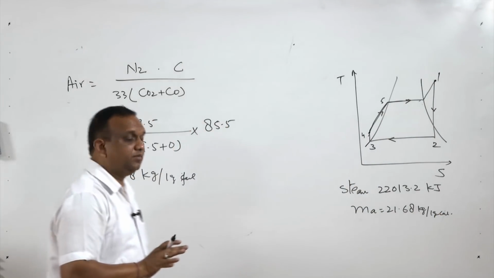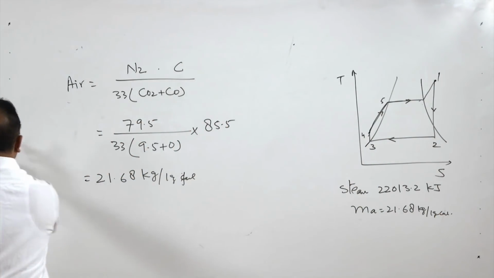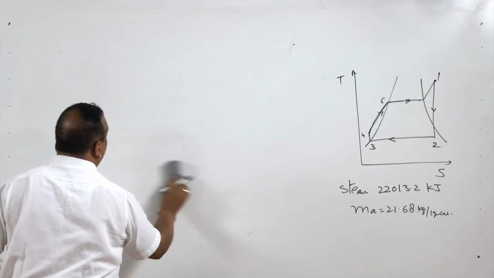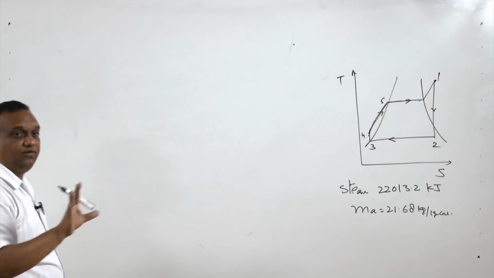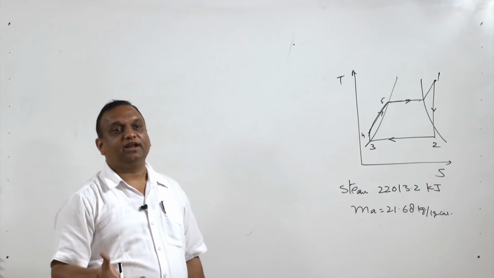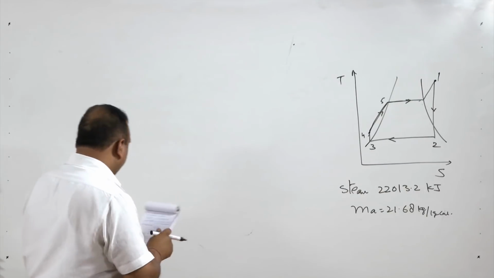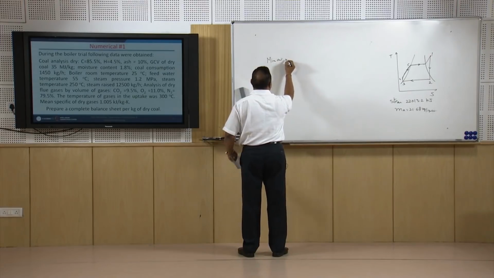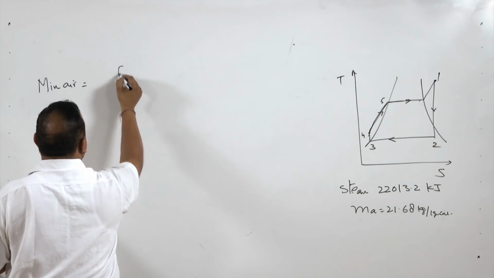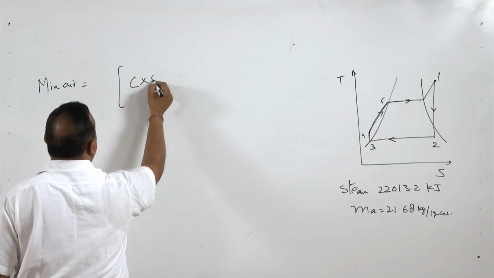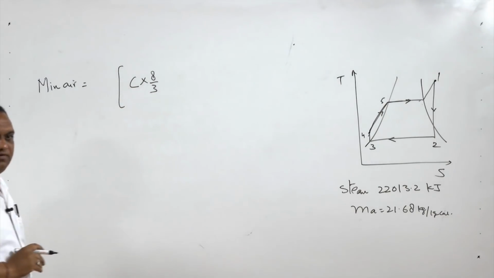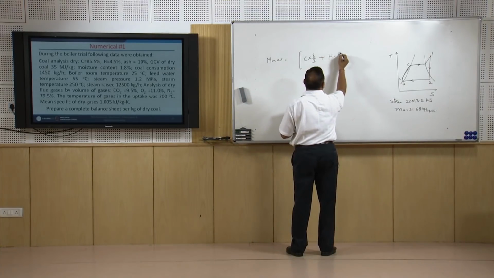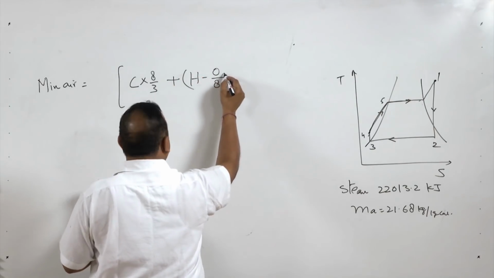This is the mass of air supplied to the boiler, but how much air has actually been used for burning the coal? In order to find that, we need the minimum air. For burning carbon we need 8 by 3. For burning hydrogen, H minus O by 8, multiplied by 8.